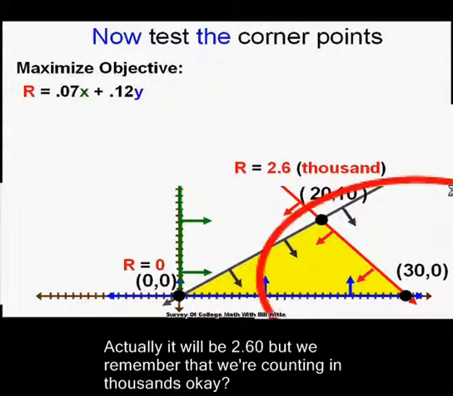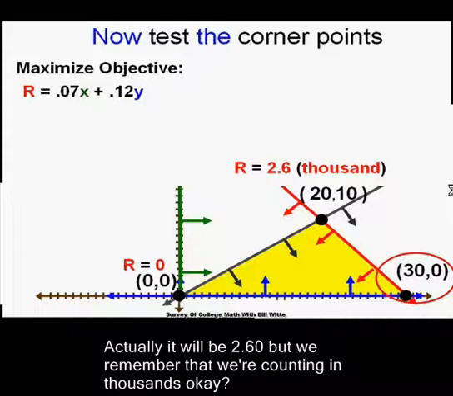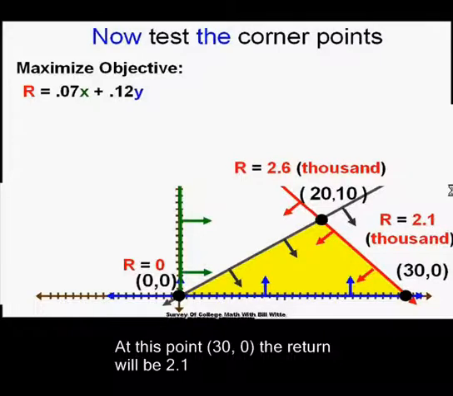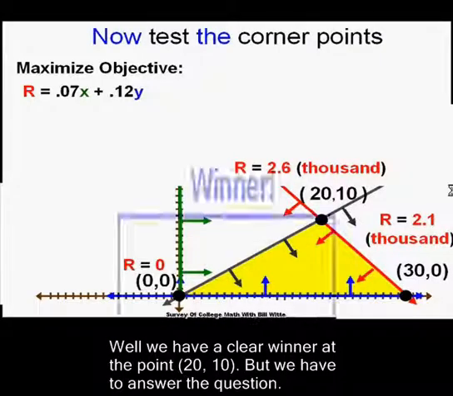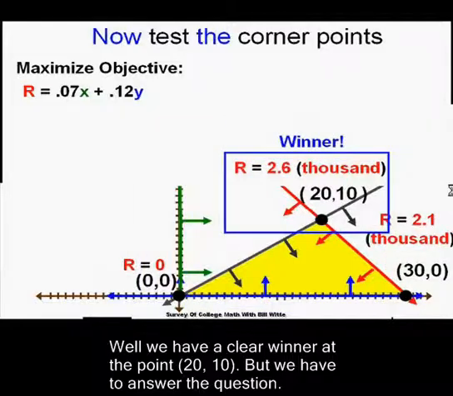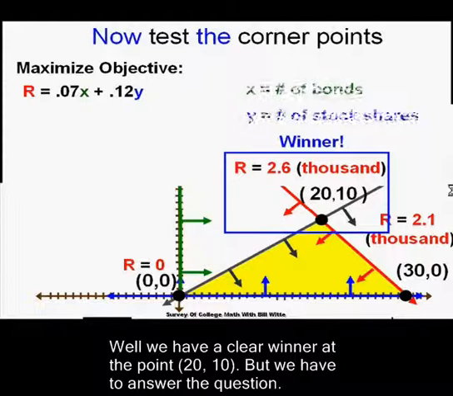Okay? And at this point, 30 and 0, it's going to be 2.1. Well, we have a clear winner at the point 20, 10.